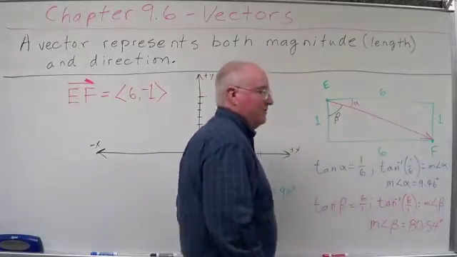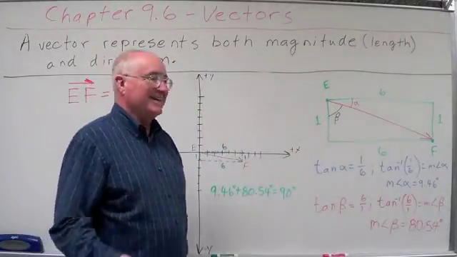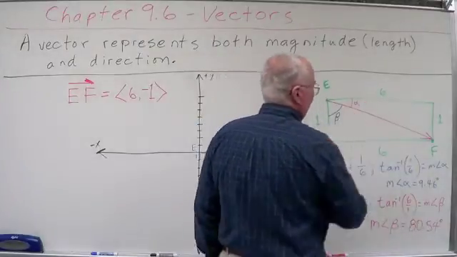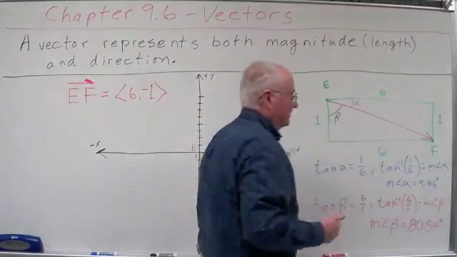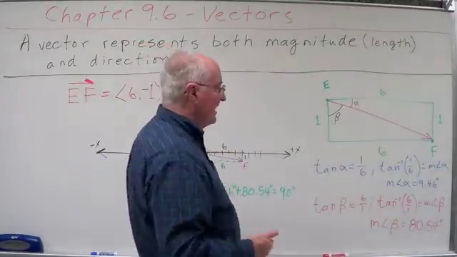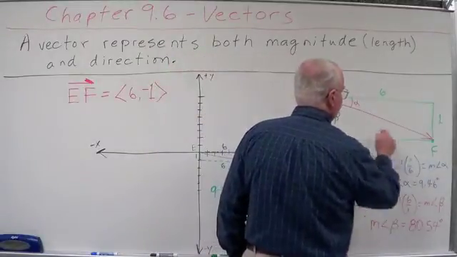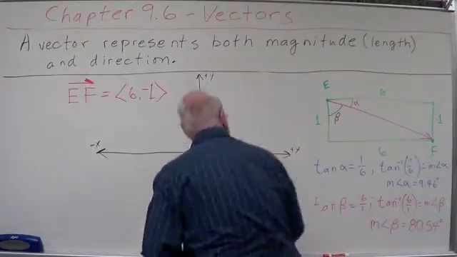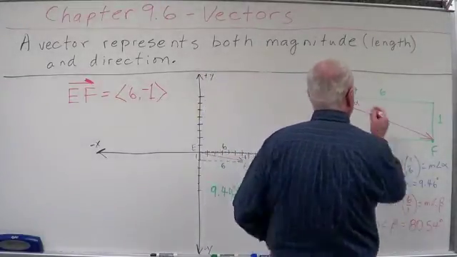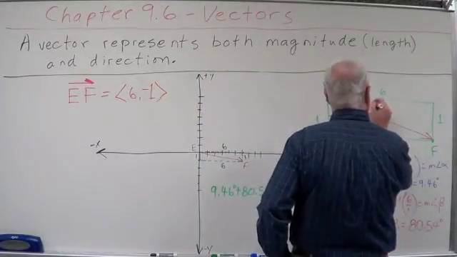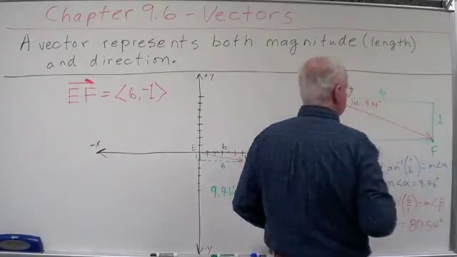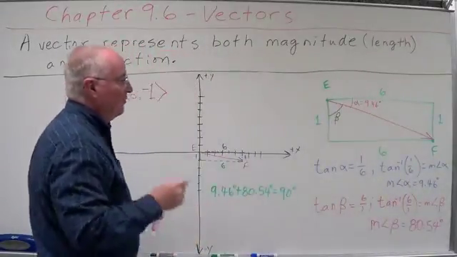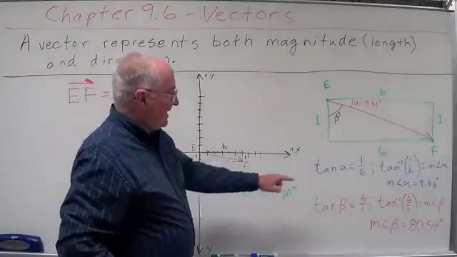So therefore, the inverse tangent of 1/6 is going to equal our alpha angle. We need to find that angle. And when we do that calculation, the measurement of angle alpha is going to be 9.46. Okay?